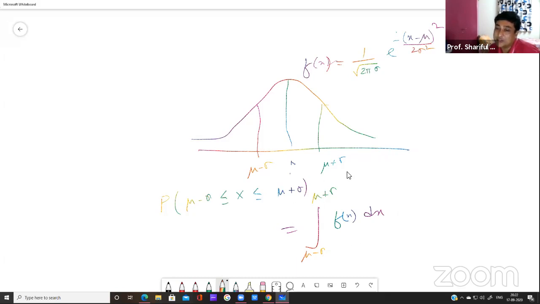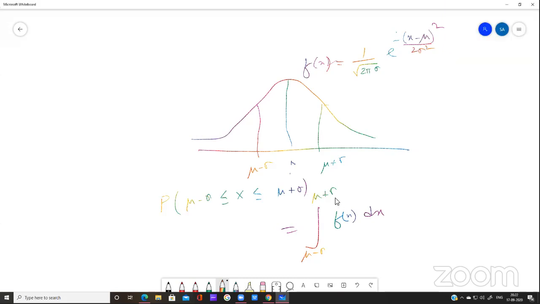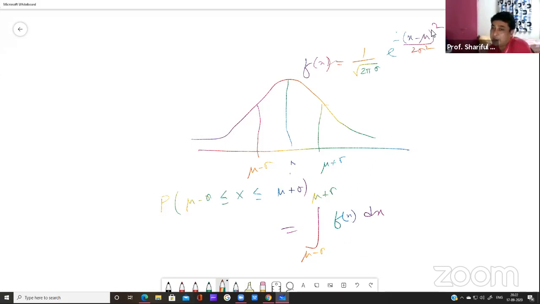Otherwise, you can perform this integration by numerical integration. Is it clear? That approximate value within 1 sigma level, for any kind of normal distribution, is always 68.27%.